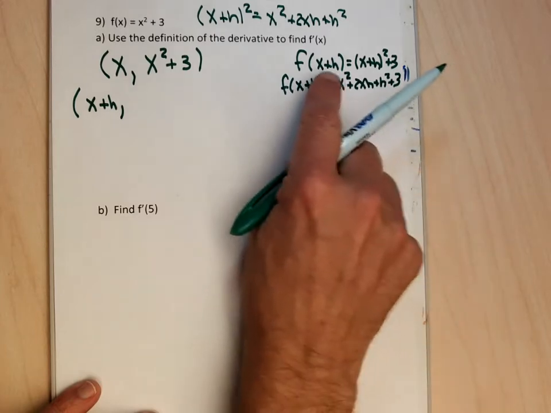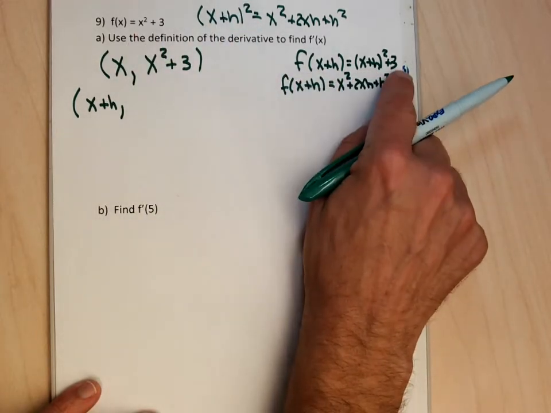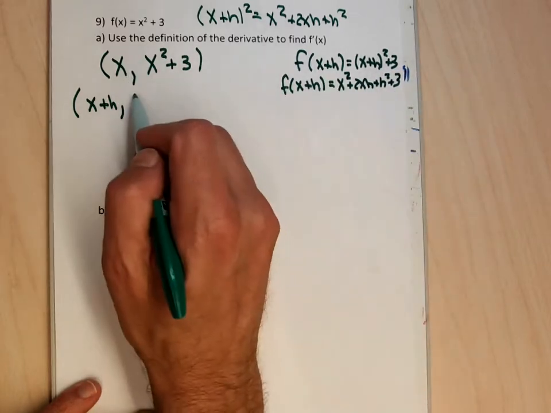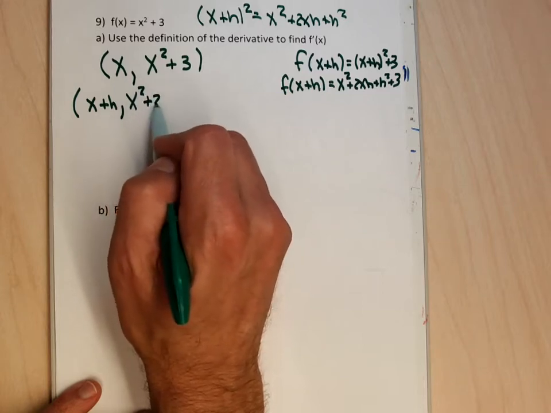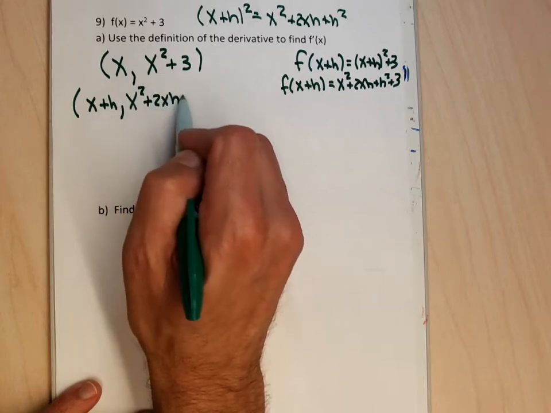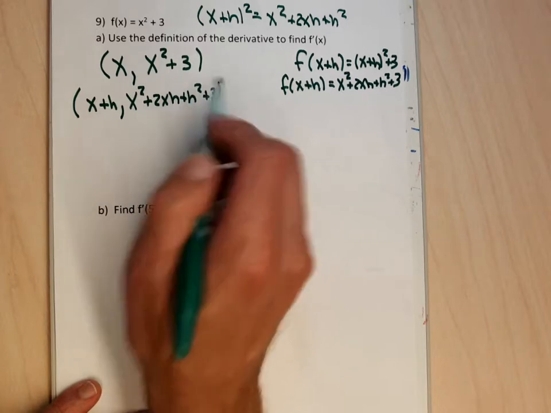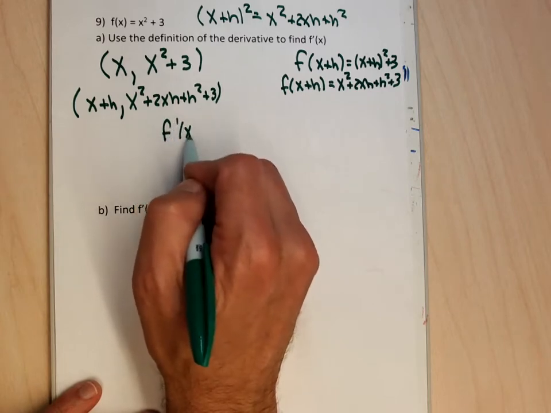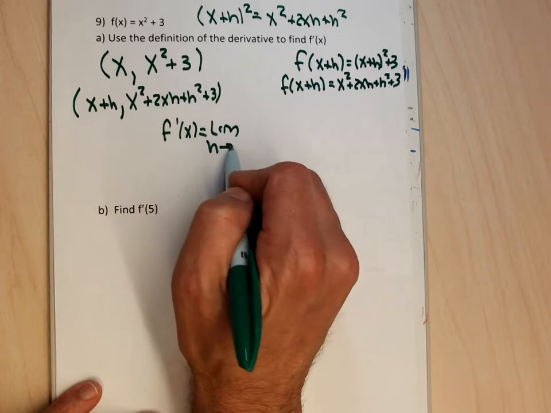So the y coordinate of f of x plus h is x plus h squared plus 3. I wrote out the x plus h squared and left the plus 3. So the y coordinate of the second point is x squared plus 2xh plus h squared plus 3. Now I'm going to find the derivative. The derivative f prime of x equals the limit as h goes to 0.